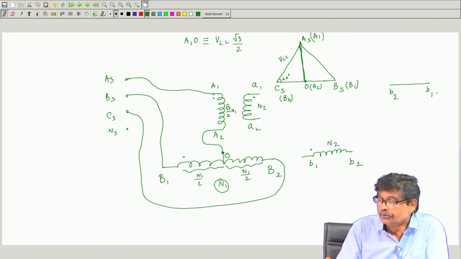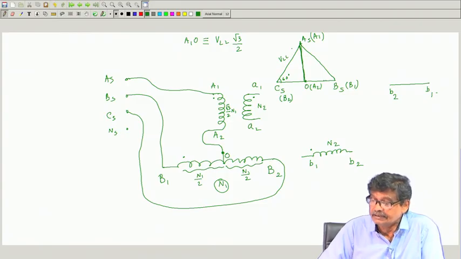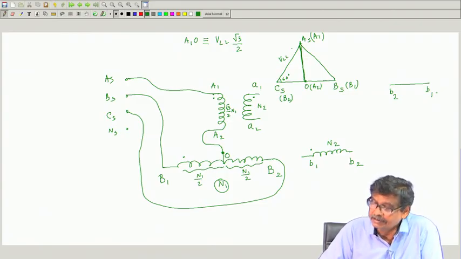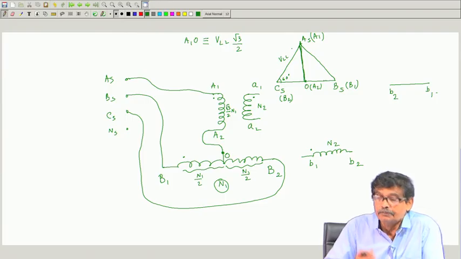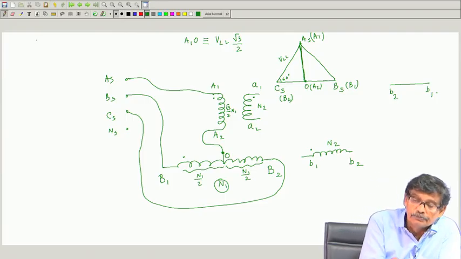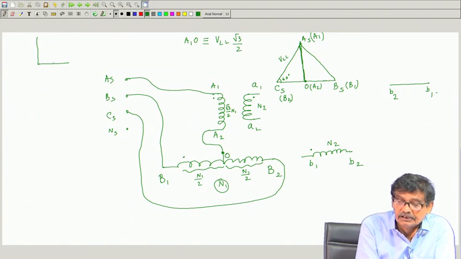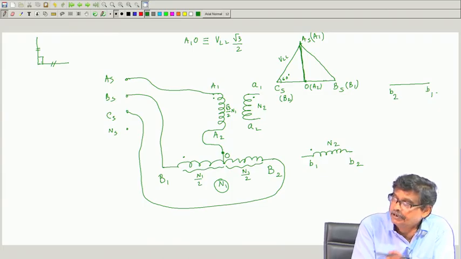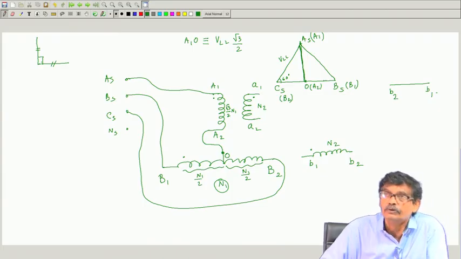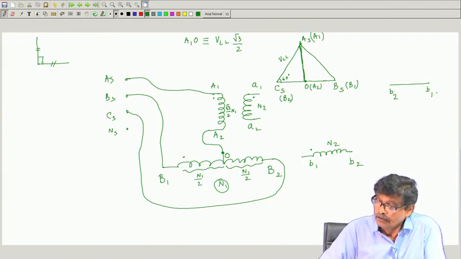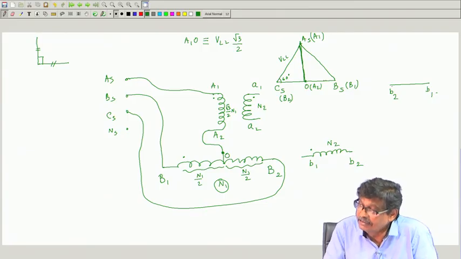See, my goal is to get at the secondary two voltages which are 90 degrees apart. What is a balanced two phase voltage? Phase voltages will be equal and they will be 90 degrees apart. Maybe one phase is A, another phase is B. That is what I want to get. So, one voltage phasor is like this.